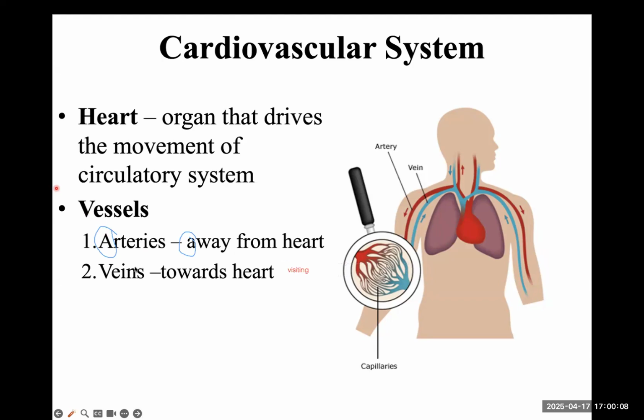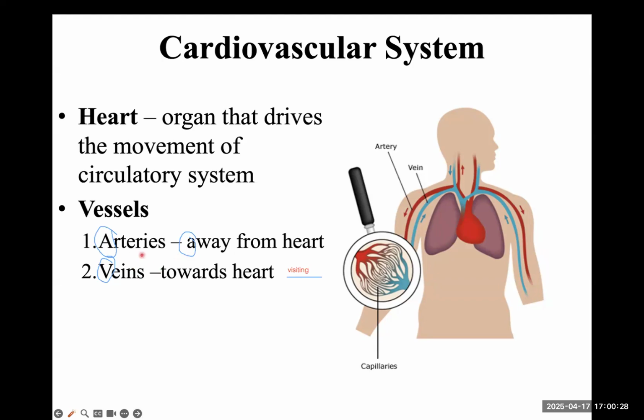So we have V for veins and V for visiting. They're basically visiting the heart to get some oxygen. The blood goes to visit the heart, and it uses veins to do that.